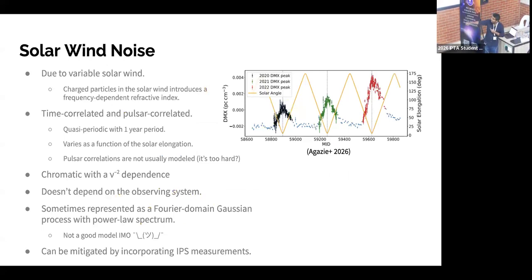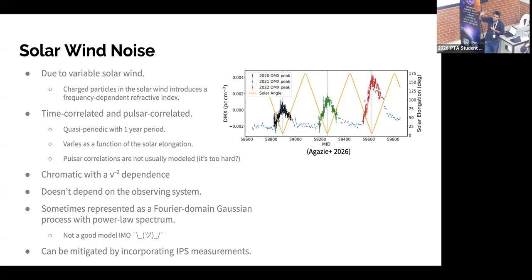Okay. So the next thing is solar wind noise, which is due to variable solar wind. It appears as those kinds of spikes in your dispersion measure. This is correlated in time as well as between pulsars, but it is very difficult to model the actual pulsar correlation of this.